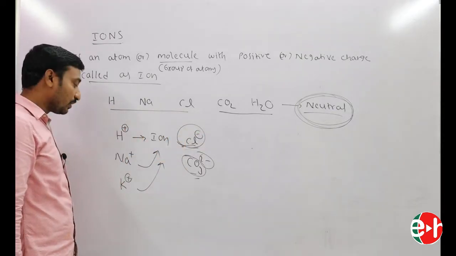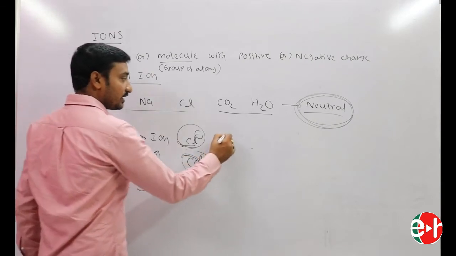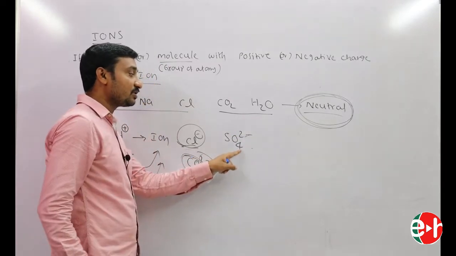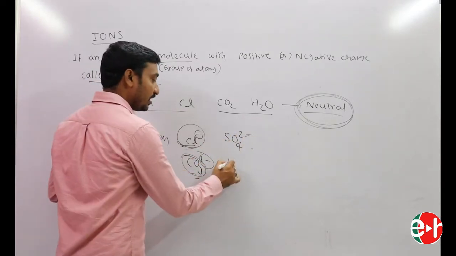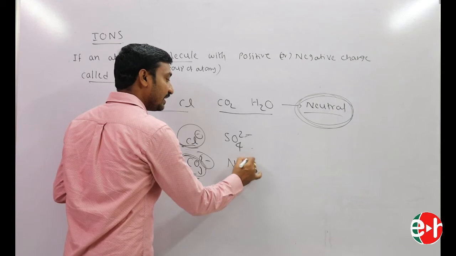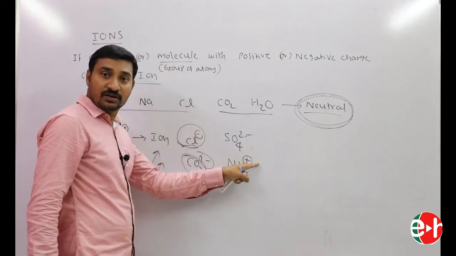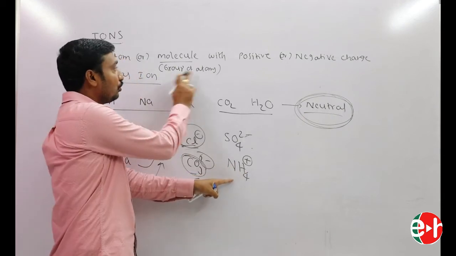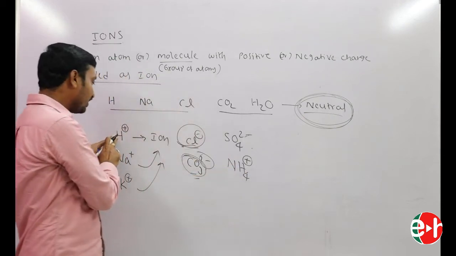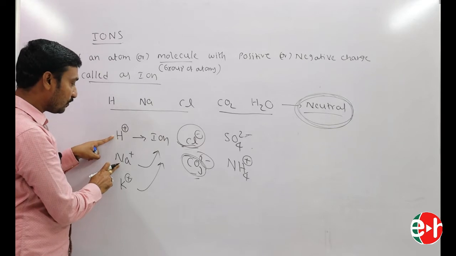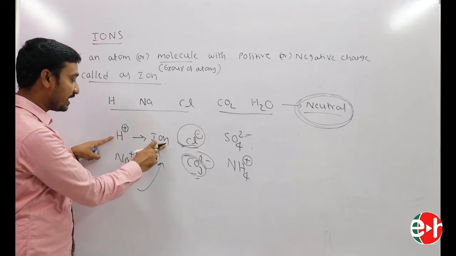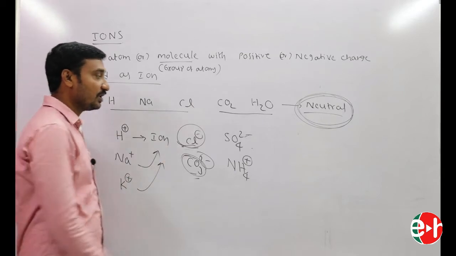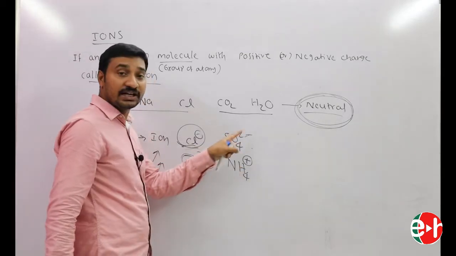Ions. Okay, na? So here CO3 2 minus, SO4 2 minus, this is also ion, group of atoms with negative charge, ion. NH4 plus, this is also ion, group of atoms. This is only one atom, hydrogen 1 atom, sodium 1 atom, positive charge, ion, sodium with positive charge, ion, K plus, ion, Cl minus, ion. So group of atoms with positive or negative charge also ions.